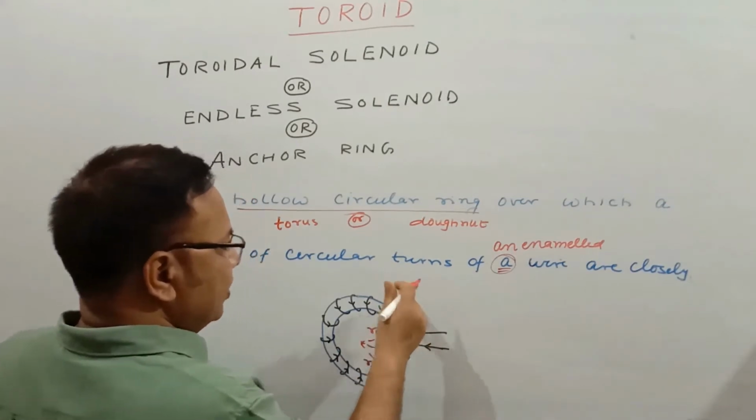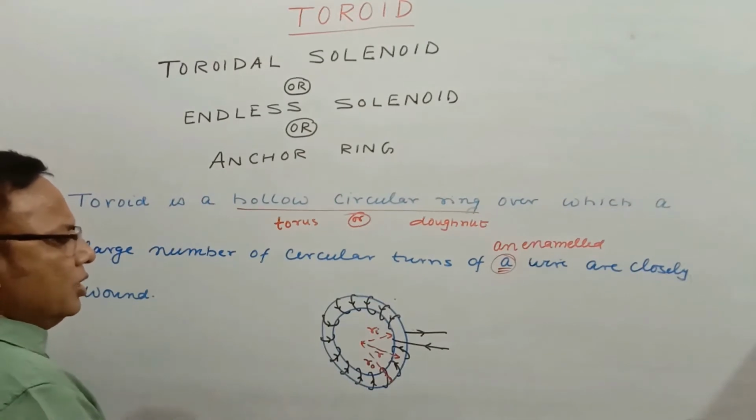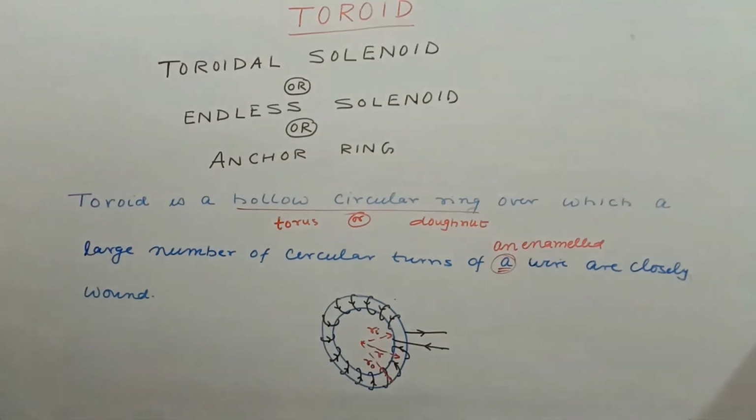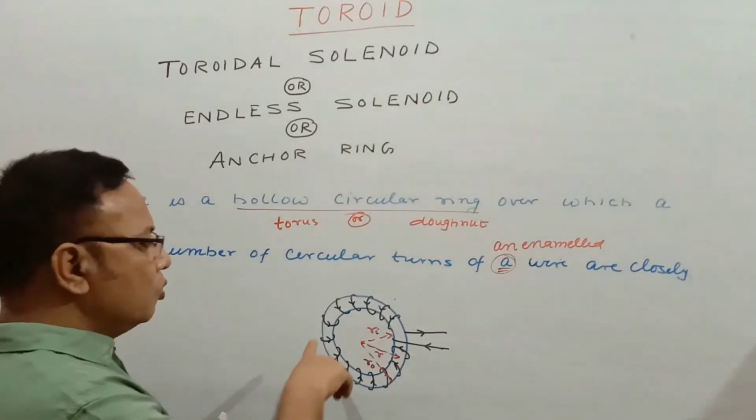Here outside the magnetic field is zero, even here in open space it will be zero. That is what we have. This particular toroidal solenoid can be viewed as a solenoid which has been bent in a shape to close on itself.